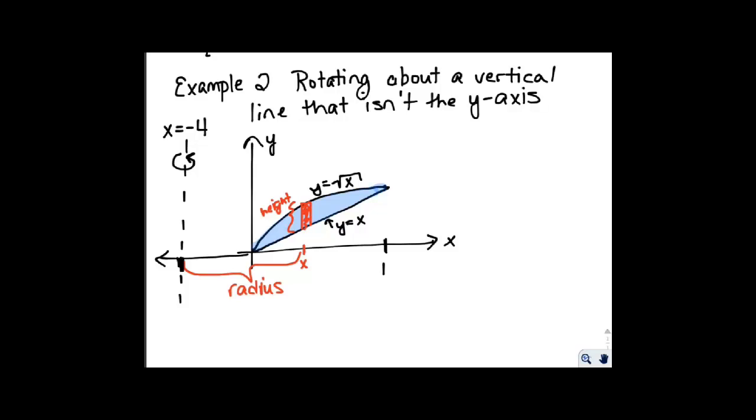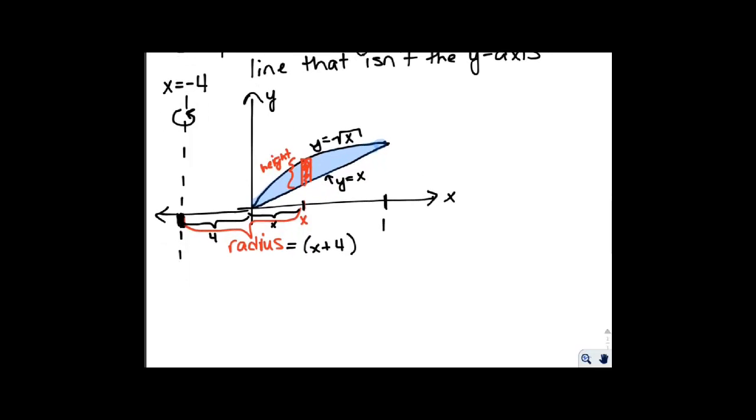So our radius in this case is a little bit different. It goes from my line all the way out to my x. So since the distance from the axis to x is x, and the distance from the line to the axis is 4, my shell radius in this situation is x plus 4.